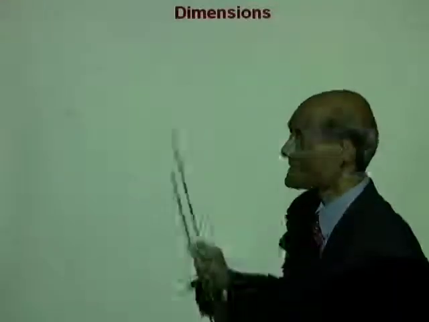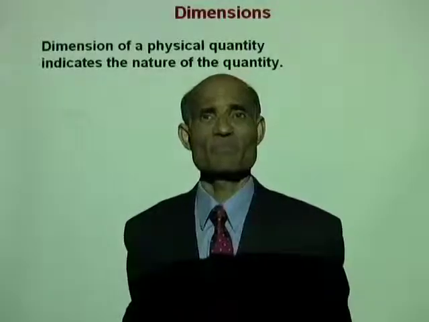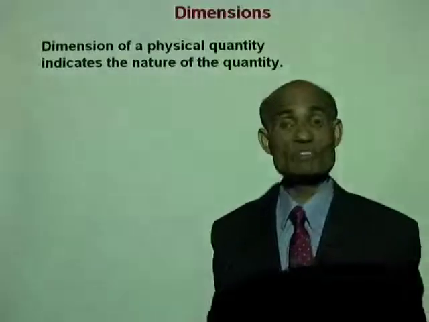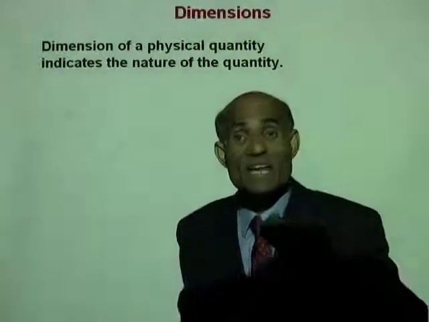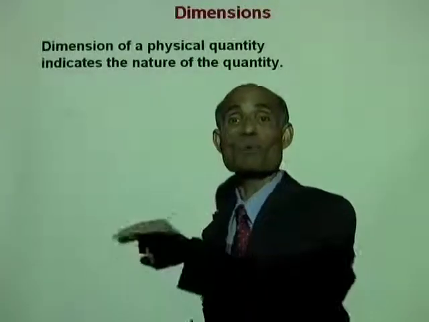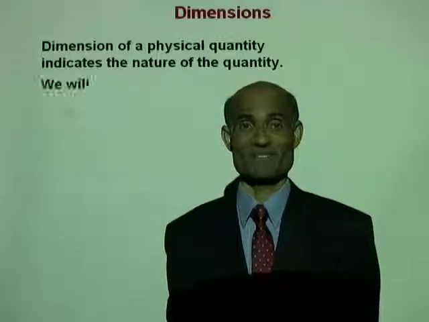All right. Let's now look at the concept of dimensions. All physical quantities can be expressed using their dimensions. What is the meaning of a dimension? Dimension of a physical quantity indicates the nature of the quantity measured.